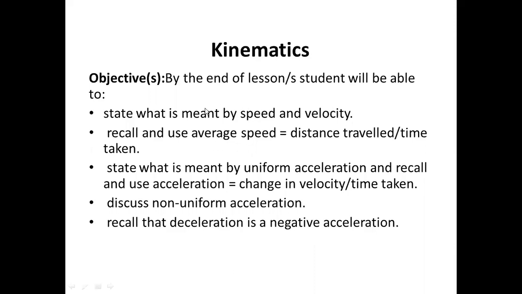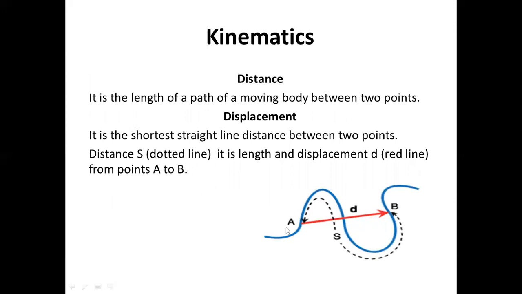In order to achieve the first objective, first we need to understand what is distance and what is displacement. Consider a body moving from point A to point B in this wave path, which is shown by the blue line.